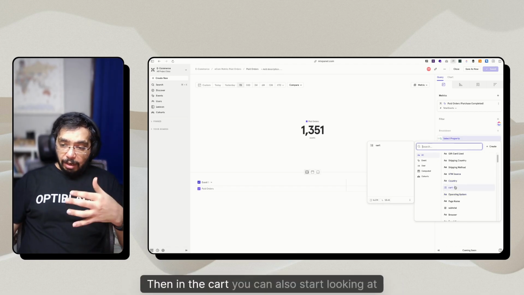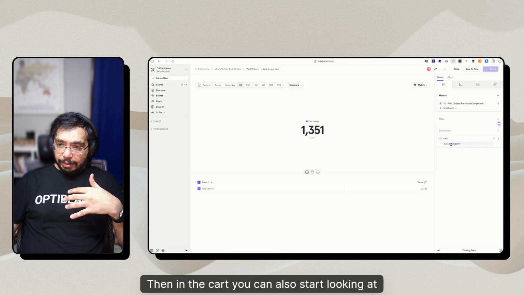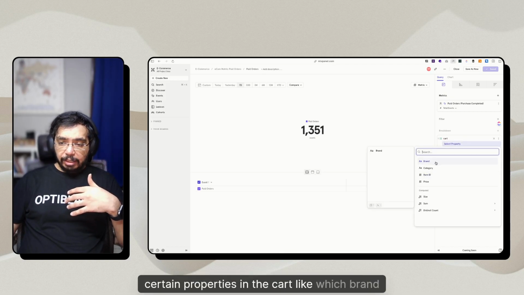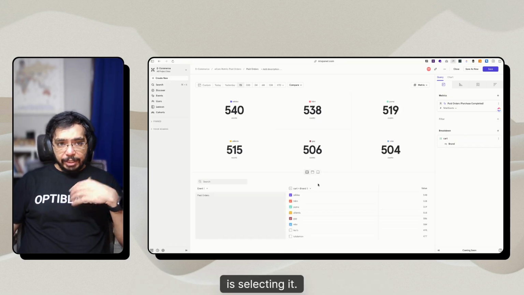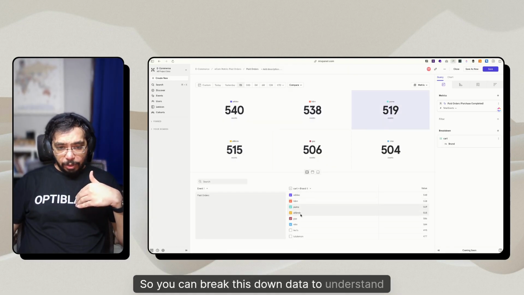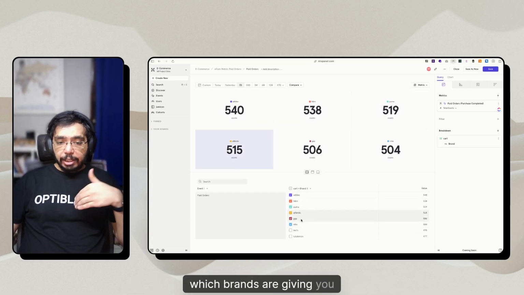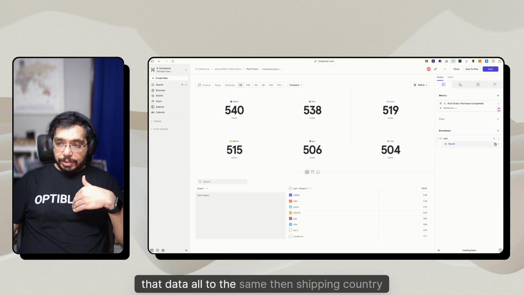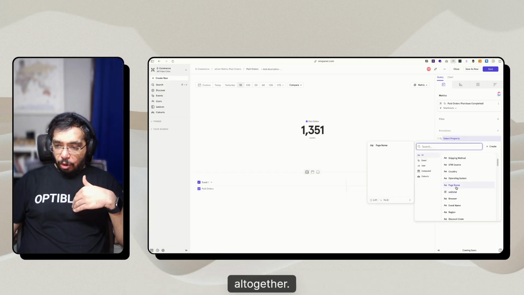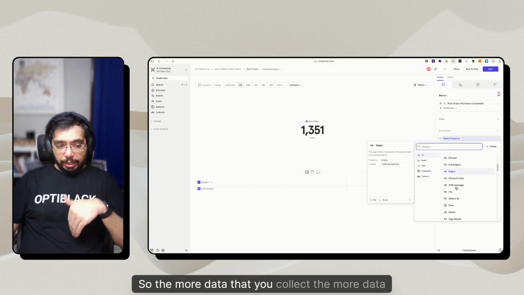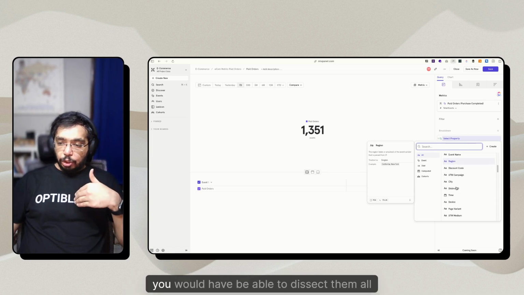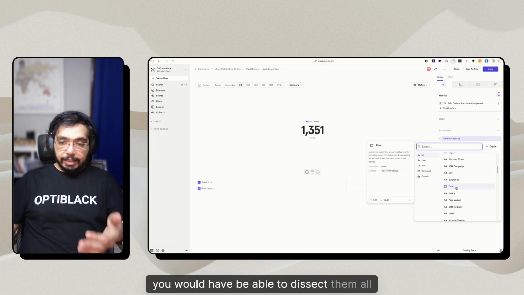Then in the cart, you can also look at certain properties, like which brand is being selected, so you can break down the data to understand which brands are giving you that data. Then shipping country altogether. The more data that you collect, the more you will be able to dissect it all together.